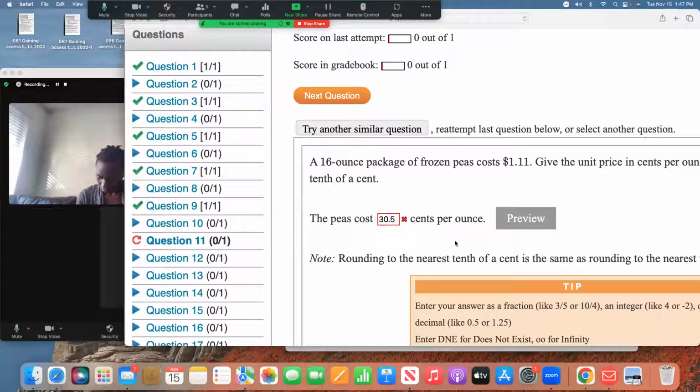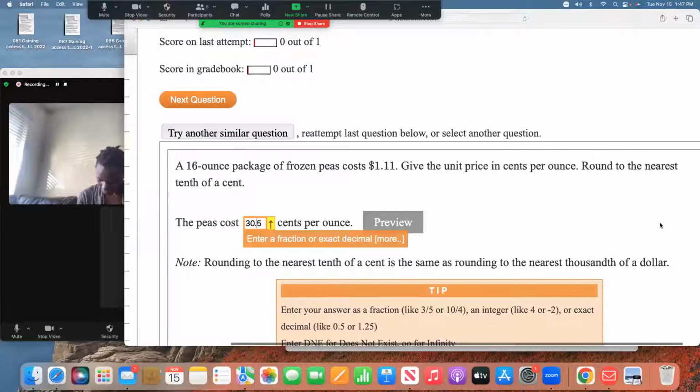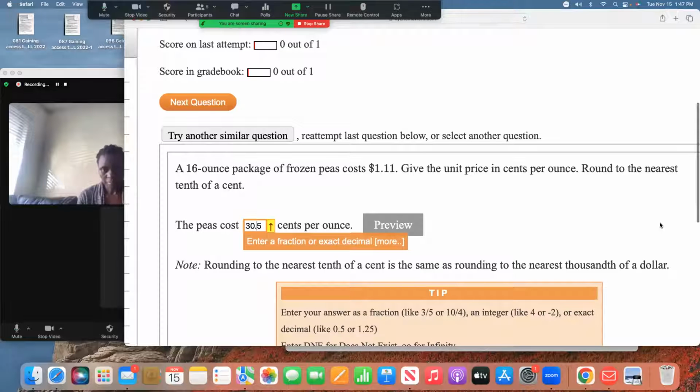Uh-oh. Did I? What happened? Enter as a fraction or an exact decimal. Wait a minute. Cents per ounce.